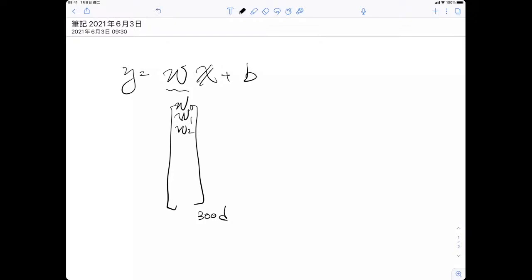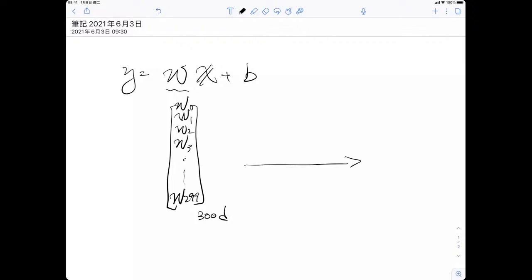We start from weight 0. So we have too many weights. Basically, we have to choose a lot of random values as their initial values, so that we can do partial differentiation.